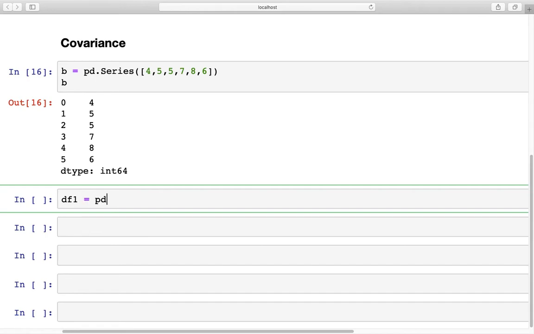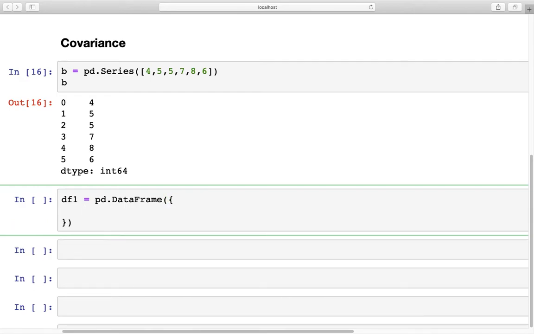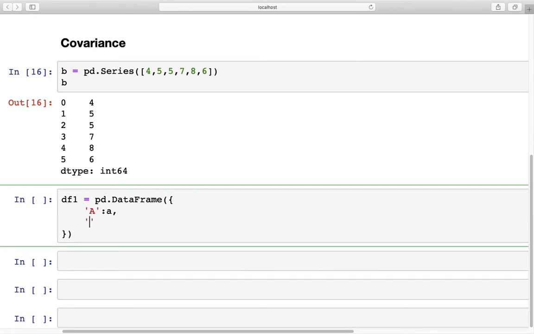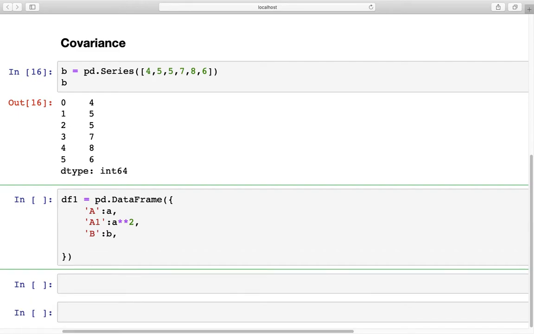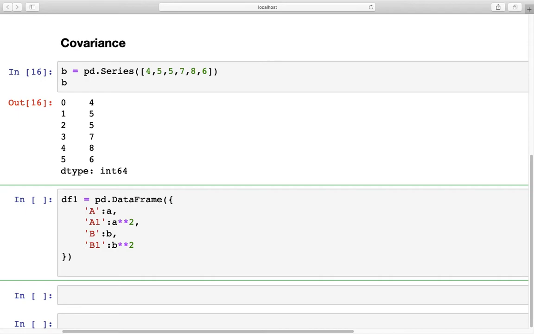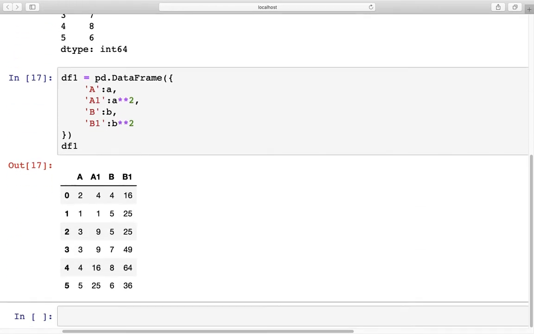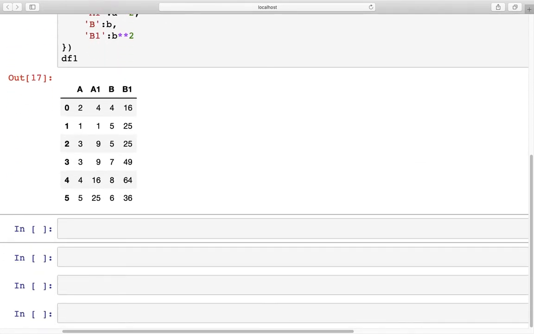So df1 is equal to pd.DataFrame, and here we have capital A is equal to colon A, and for A1 we'll have maybe a square of A, and then for B we'll use the B series that we created just now, and for B1 here again we can just use the square of the series B. And if we look at the data frame, this is the new data frame that we have.